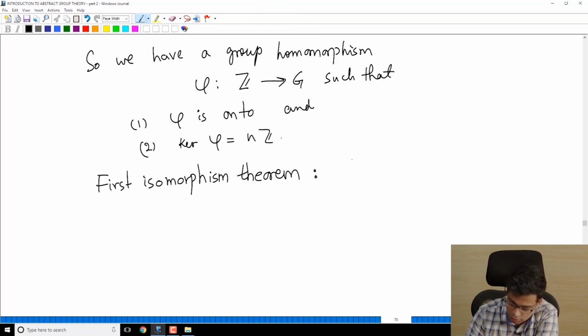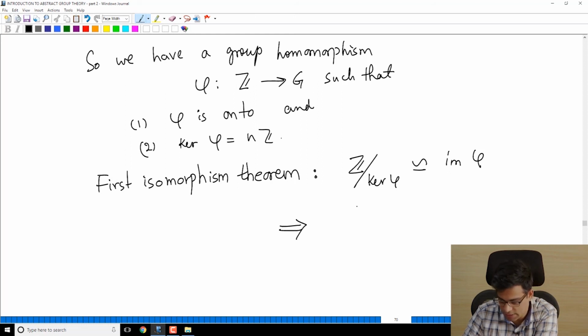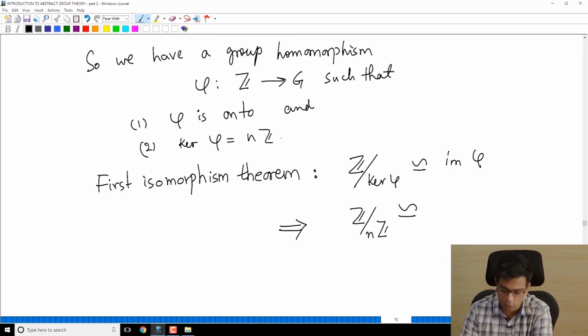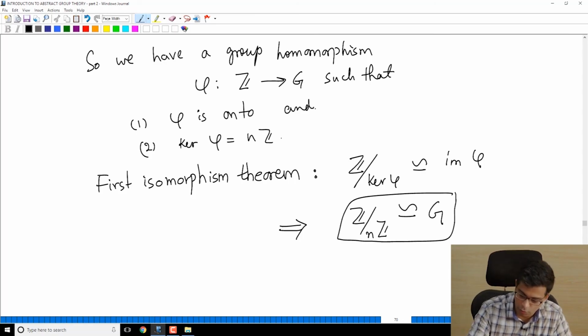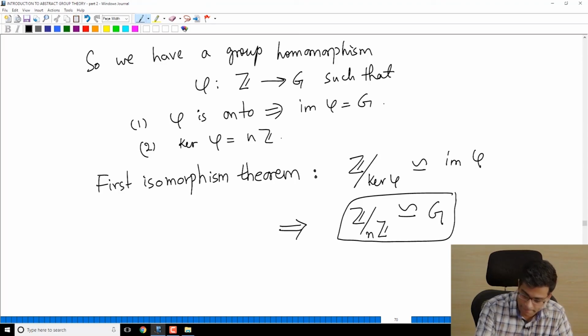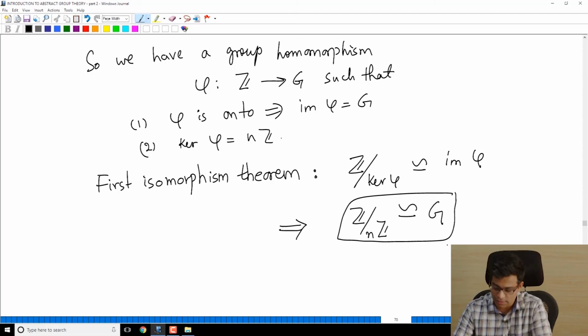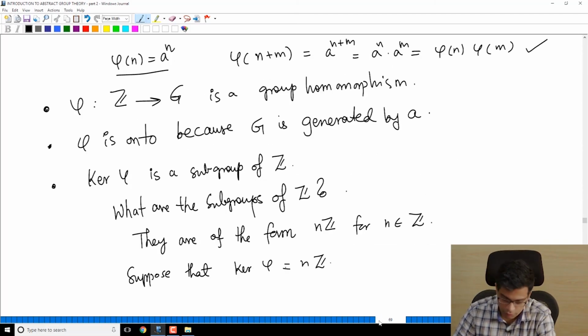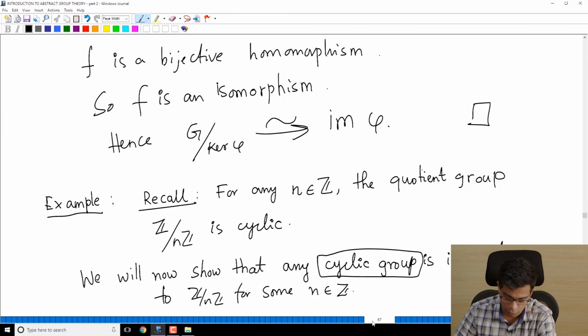So we have Z mod kernel is isomorphic to image phi, but the kernel is nZ, so Z mod nZ is isomorphic to image phi. Because phi is onto, image phi is G. So Z mod nZ is isomorphic to G, which is exactly the theorem that I wanted to prove.